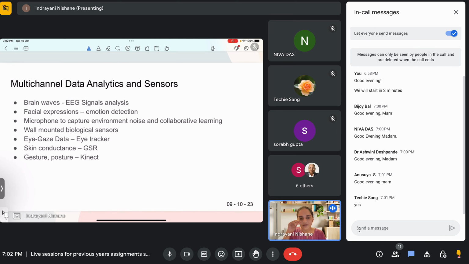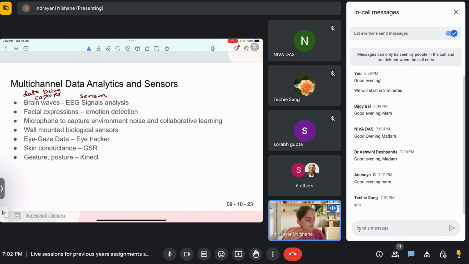So here this list is from week 11's lecture, where the different sensors and what they are actually capturing are listed. This column is all the sensors, and this is what data is being captured.